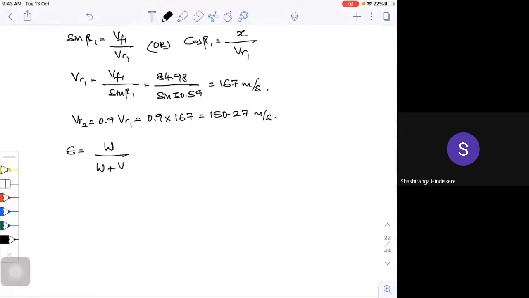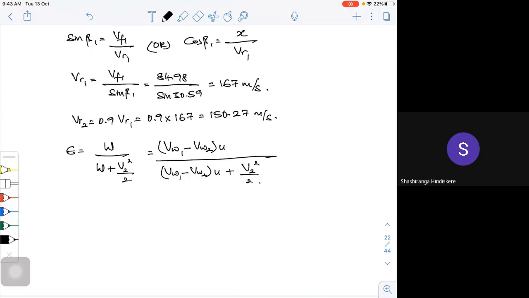Already you have this particular formula. What is this W? This W is nothing but (VW1 minus VW2) into U. Why is it only U? Because it is an axial flow machine, divided by (VW1 minus VW2) into U plus V2 square by 2. So this is the formula we have actually.